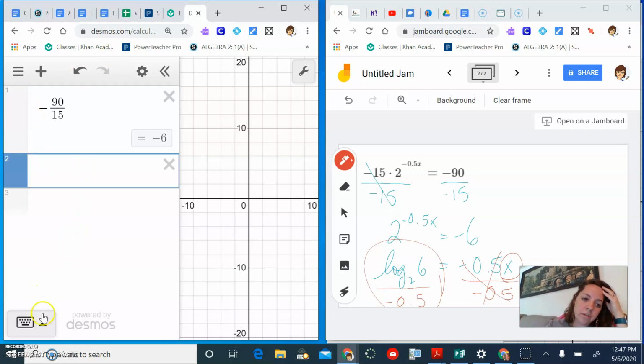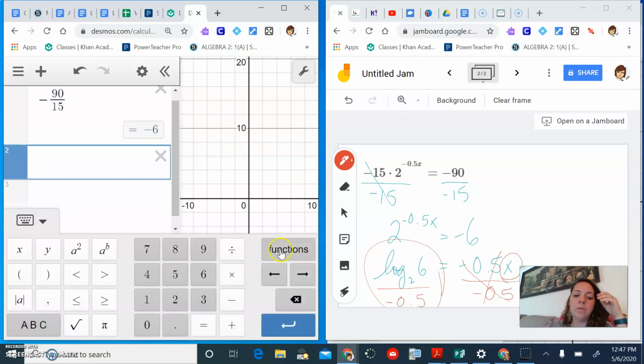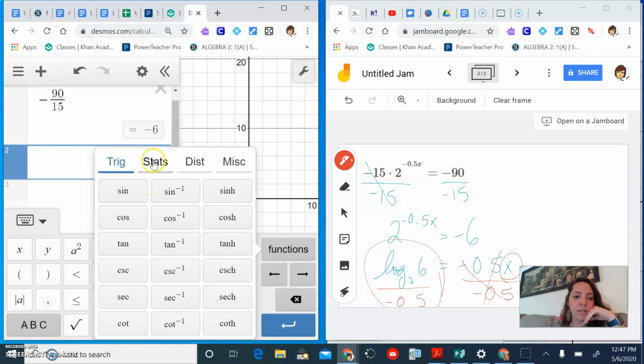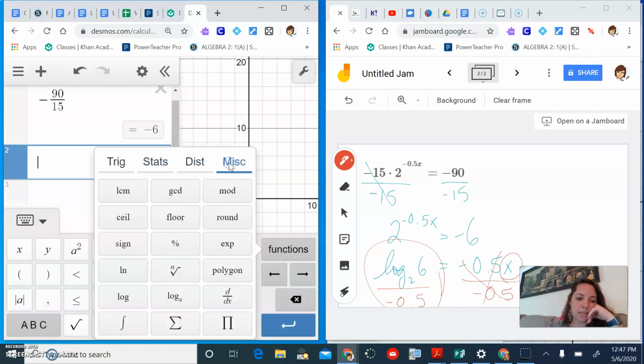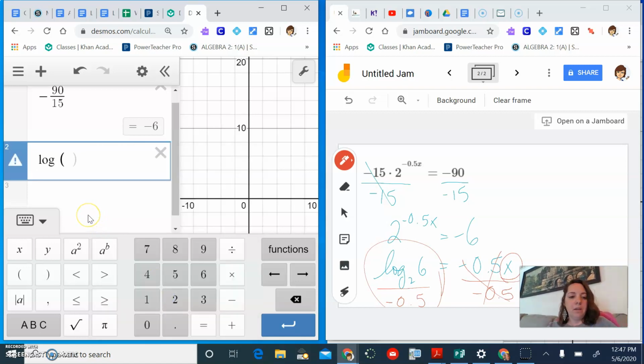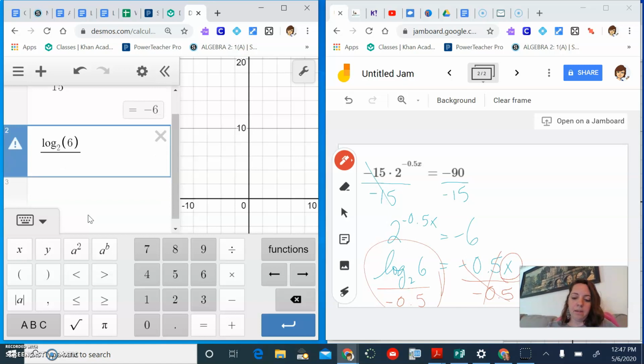So I'm going to go down to a new line and go over to functions. And if you go all the way over to these different menus, miscellaneous has log base e, the natural log. It has log base 10, the common log, and it has log base anything you want. And I need log base 2. And I need to do that of 6 and then divide it by negative 0.5.